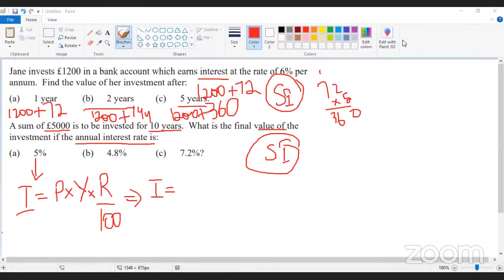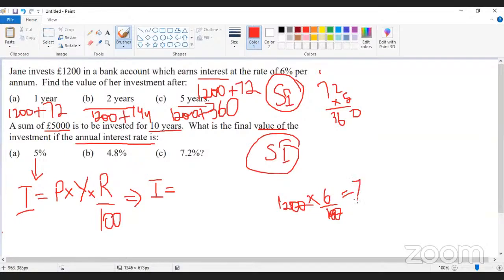So it's 1,200 times 6 by 100. Calculate it and tell me. Simplify it. 1,200 by 100 is just 12. So 12 times 6. What is 12 times 6? 72.